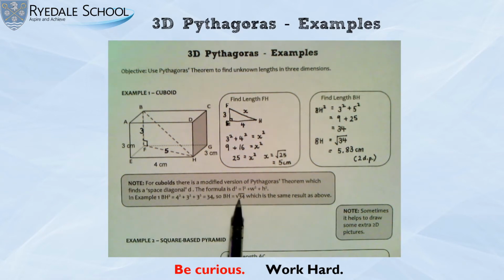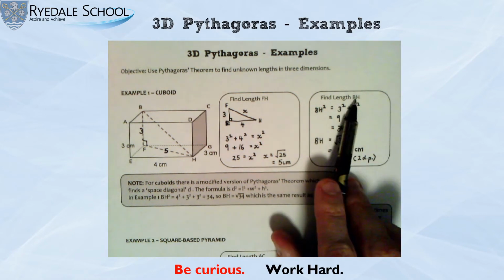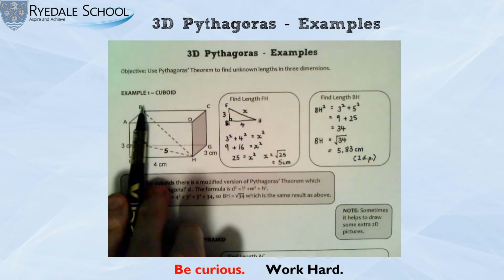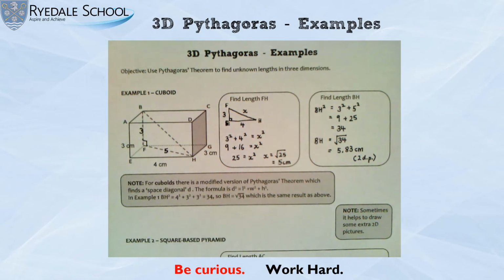So again, I've just quickly shown you here that doing it this way for the diagonal BH gets you straight to the square root of 34. So for a cuboid, that is something that you might consider as a possible shortcut if you are going straight to the length of some opposite diagonals.